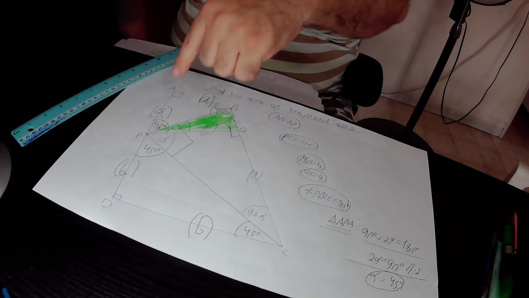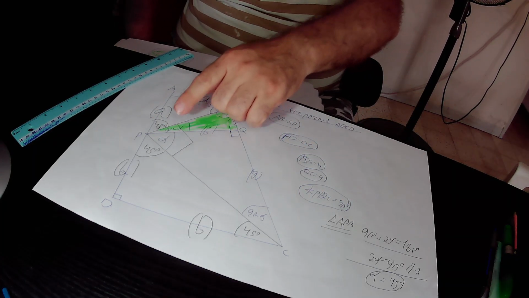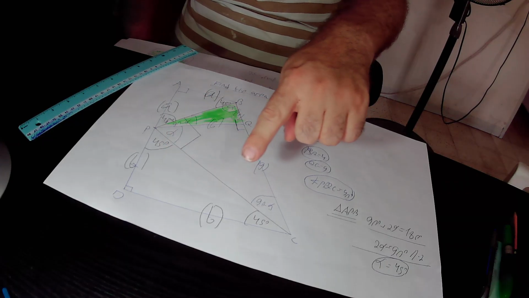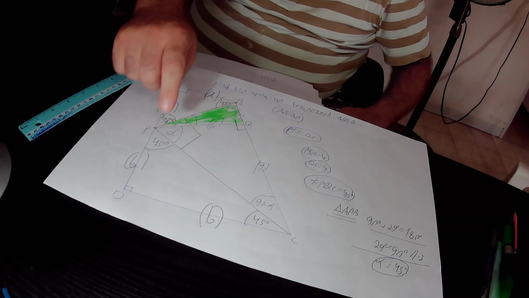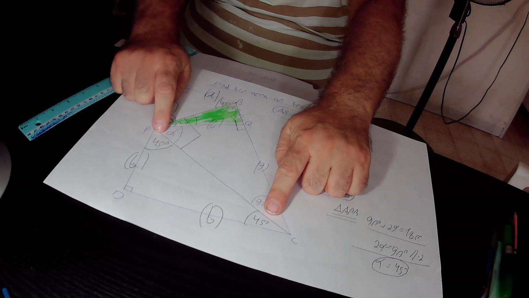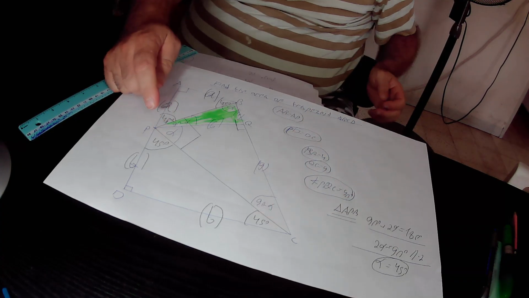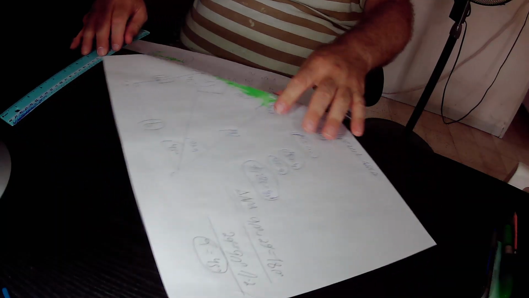The right triangle PDC is also a right and isosceles triangle because PD equals DC. So we have one right angle and the two other angles must be equal to 45 degrees in size each of them. Okay?